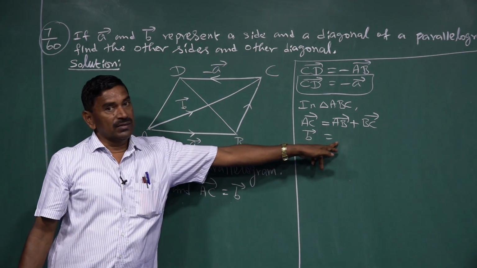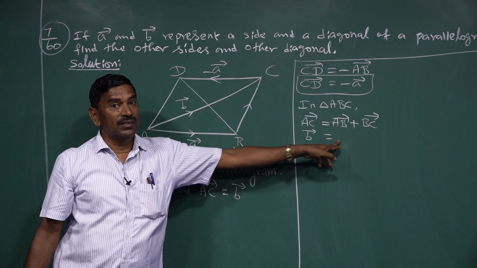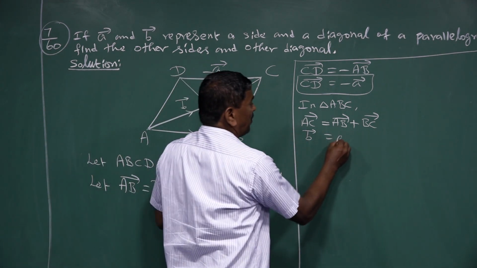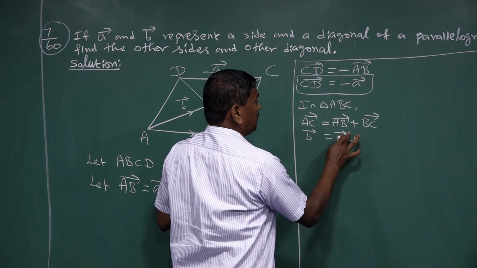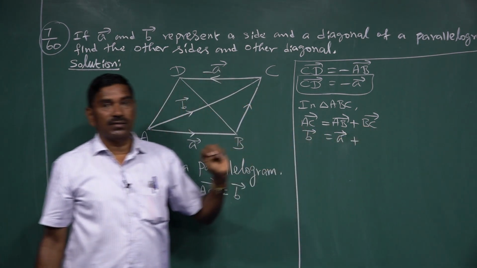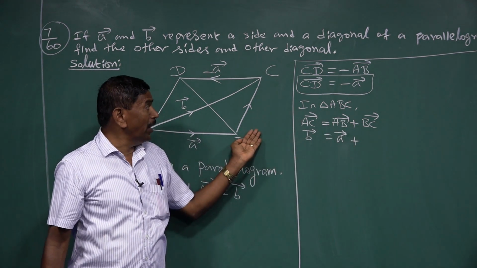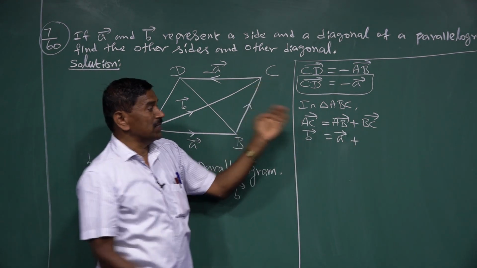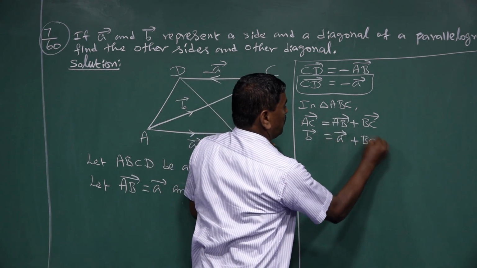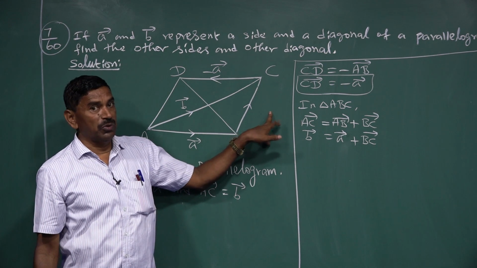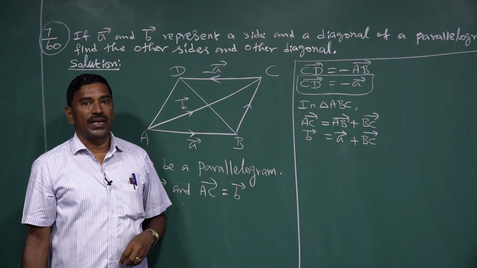Next, can you tell me what is vector AB? Vector AB is equal to vector a. Next, plus vector BC. We have to find vector BC, so we keep it as it is. Next idea?